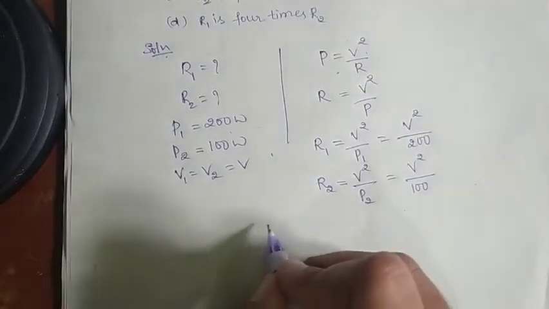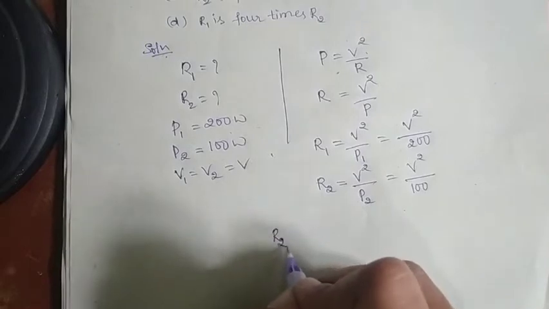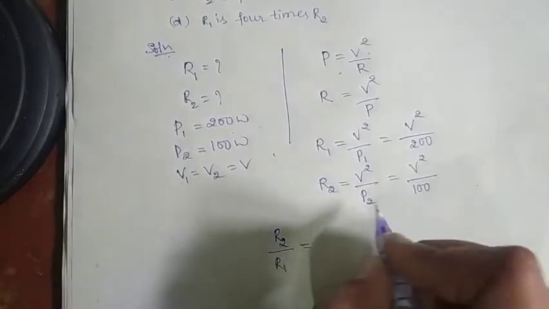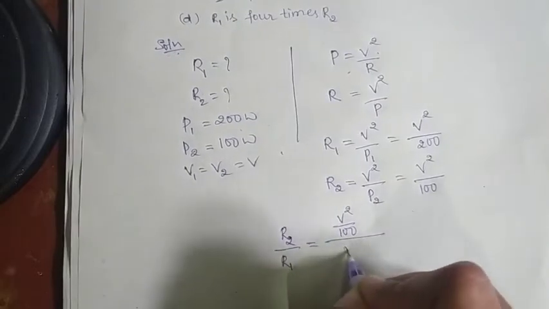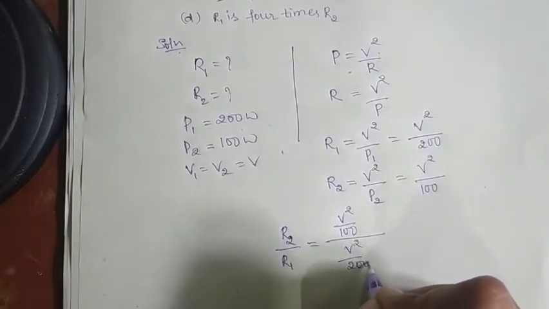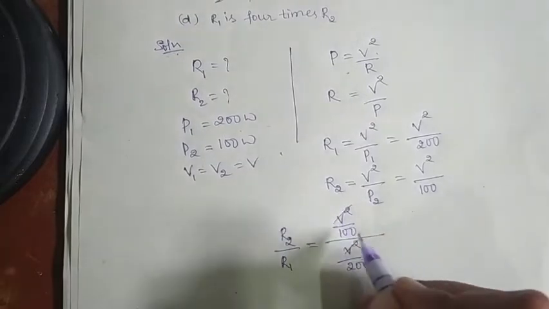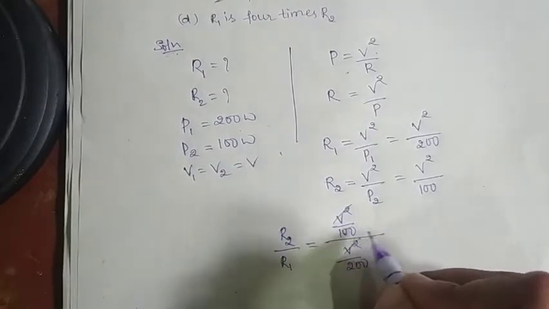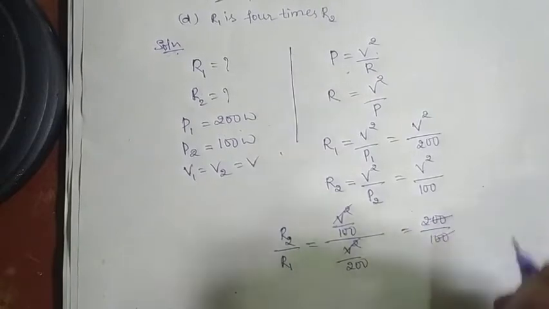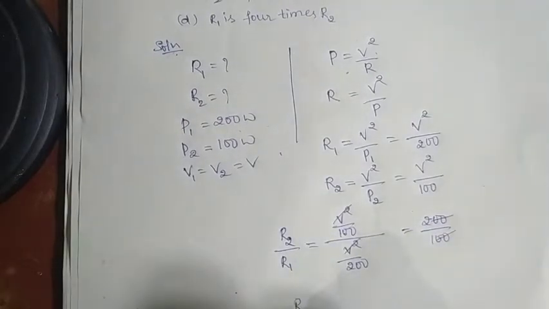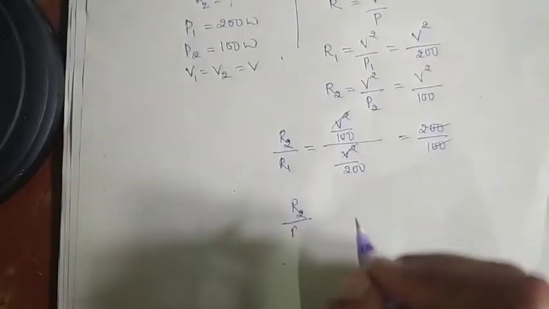Now, I need the ratio R2 divided by R1, that will be equal to V square divided by 100, whole divided by V square divided by 200. V square gets cancelled. 200 divided by 100, the zeros get cancelled.